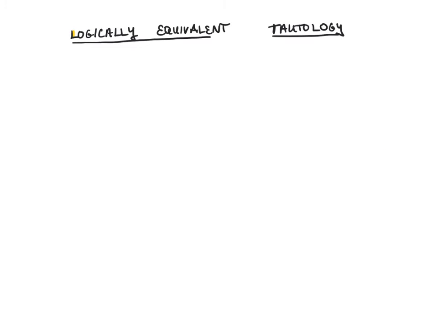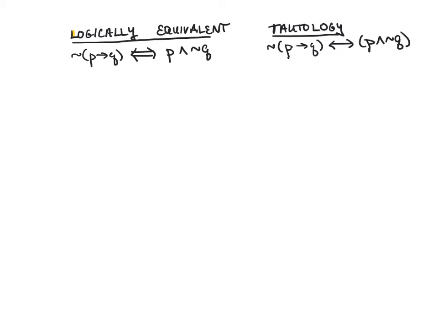So we could say that the negation of a conditional is logically equivalent to P and not Q. But the tautology is the negation of if P then Q, if and only if P and not Q. All right.